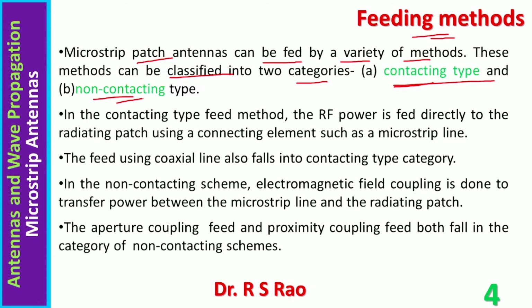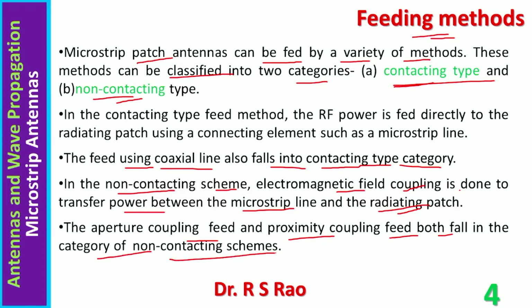The feed using coaxial line also falls into the contacting type category. In a non-contacting scheme, electromagnetic field coupling is done to transfer power between microstrip line and radiating patch. Aperture coupling feed and proximity coupling feed both fall in the category of non-contacting schemes.